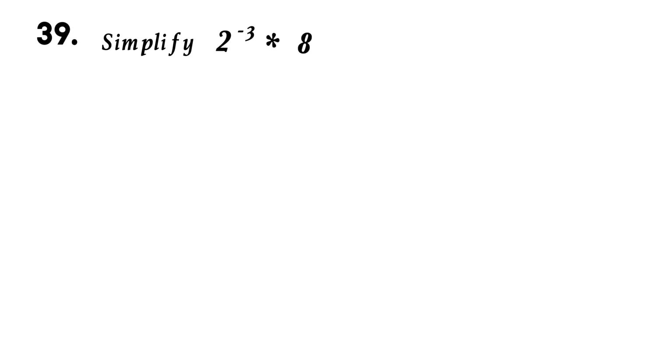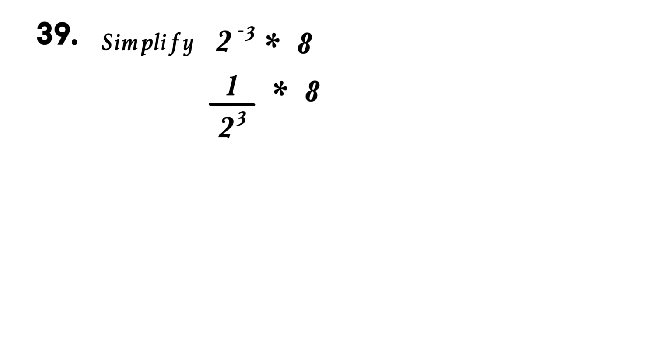Question 39. Simplify 2 exponent negative 3 times 8. This question is a basic GED math question testing your knowledge of negative exponents. Negative exponents give inverse. So, 2 exponent negative 3 is the same as 1 over 2 exponent 3.